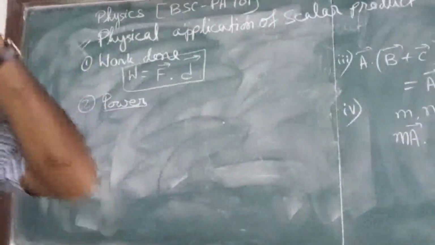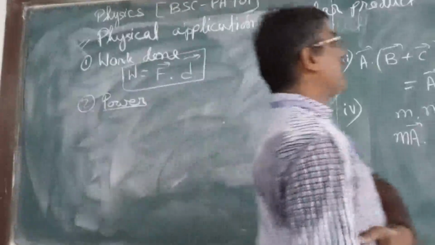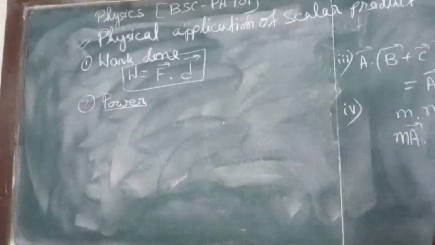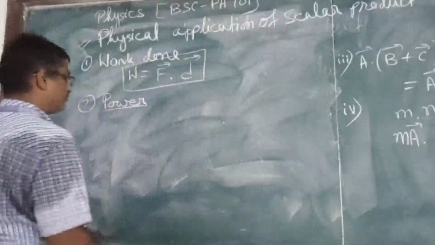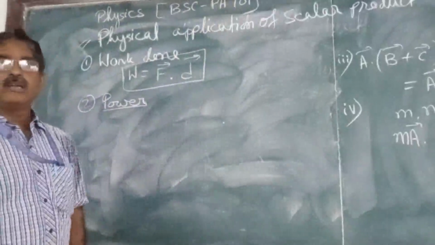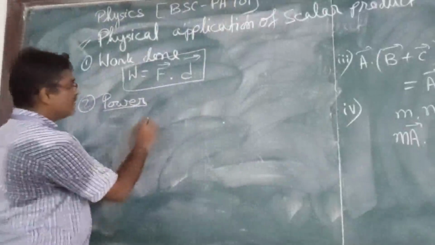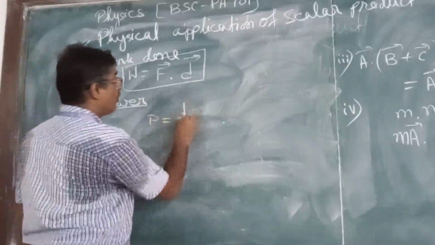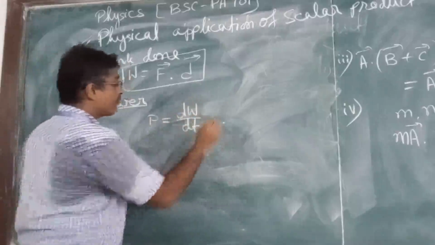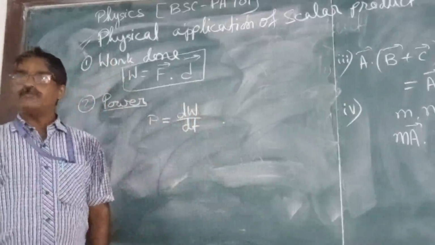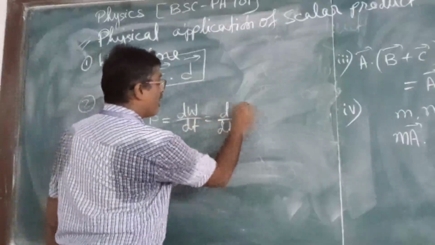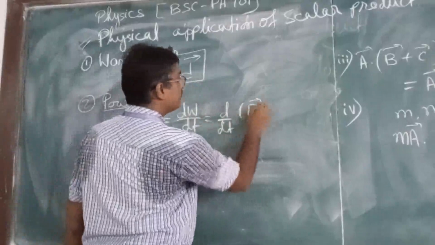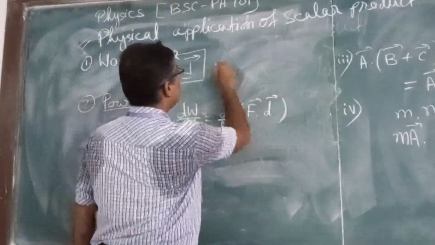So power is defined as the rate of work done, that is P equals dW by dt, which equals d by dt of W. W means F dot D, from equation 1.